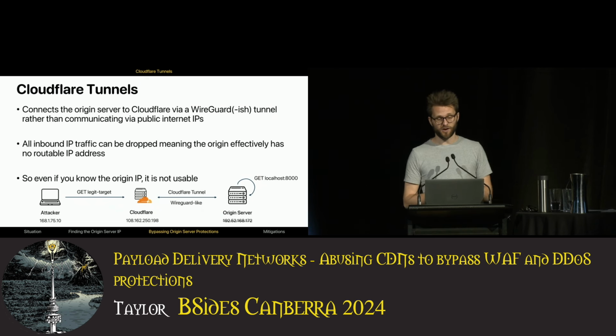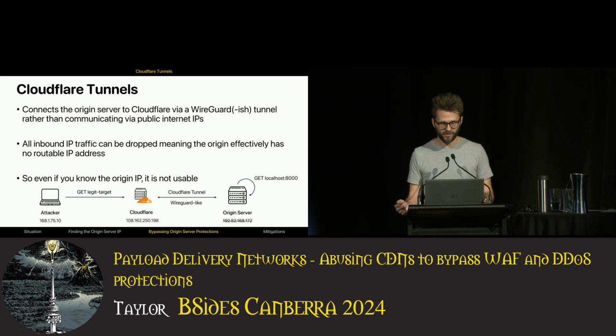This connects the origin server to the Cloudflare network via a WireGuard-ish sort of tunnel, rather than communicating via public internet IPs. It basically means you can start dropping all inbound IP traffic, and the IP will effectively not be routable on the public internet. Right? So even if you know the origin IP, it's not usable, right?